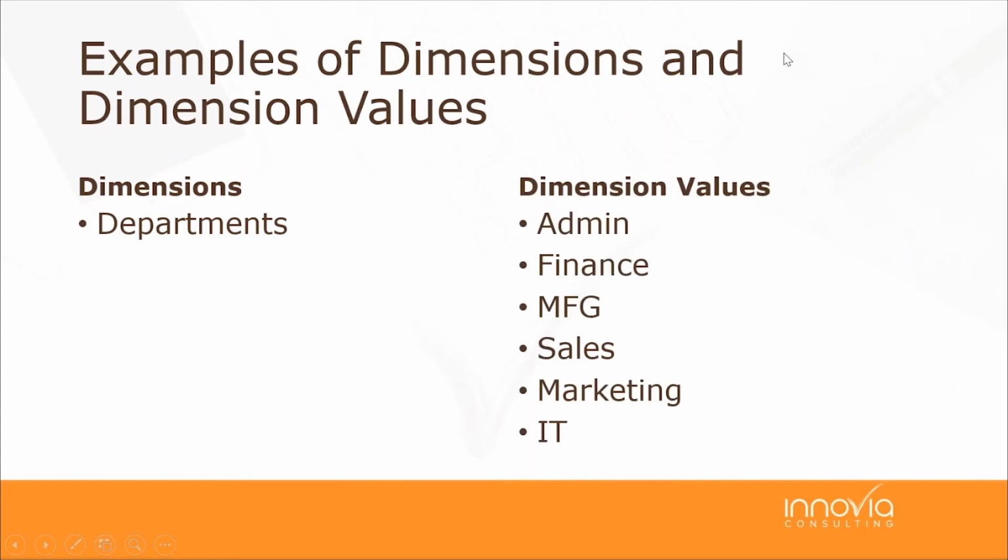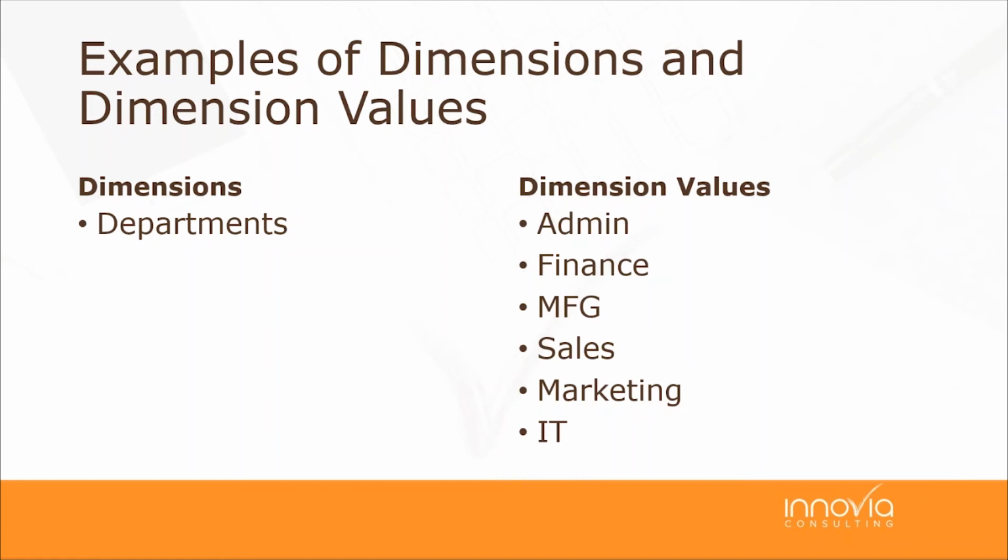What I wanted to do is give a little visual of what might be used in your company. Most of the customers I have that use at least one dimension will have something for department or cost center. So if you have departments, the dimension values underneath them can be as follows: admin, finance, manufacturing, sales, marketing, and IT.